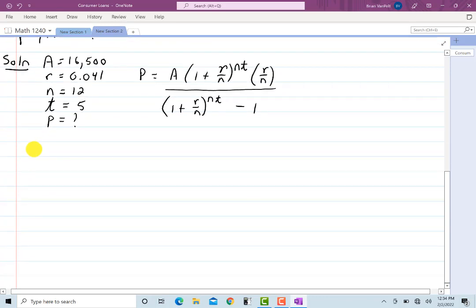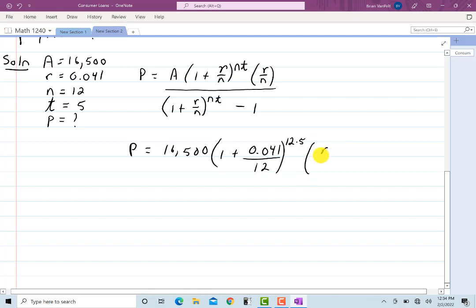So let's put in the numbers that we know. The A is 16,500. R was 0.041. N is 12. T is 5. Notice that up there, that's 60. And we knew that already, that it was going to be 60 months. So I could have bypassed the NT calculation and simply put a 60 up there.